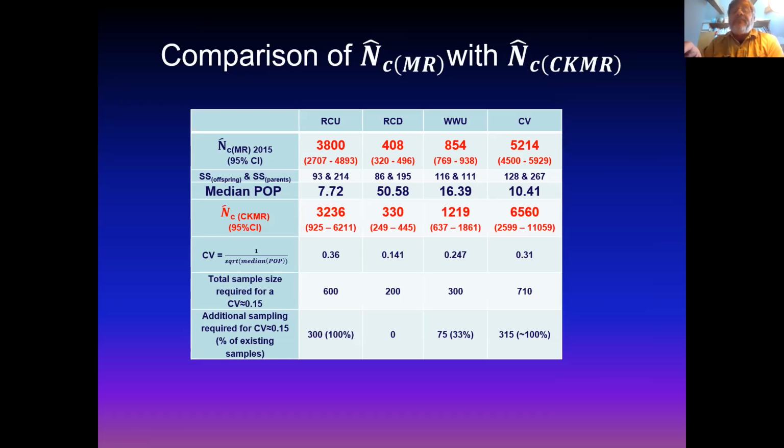So for small populations, the sampling effort is relatively high, but for larger populations, it doesn't increase at the same rate as the population estimate. It's much slower. So the relative effort is lower as the populations increase in size.